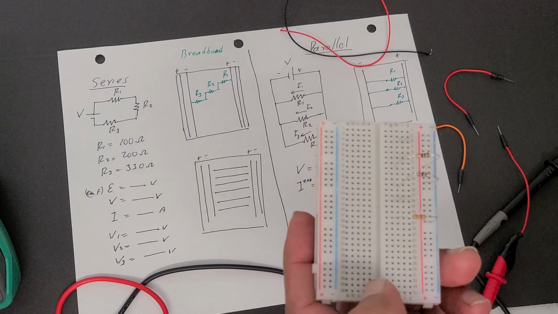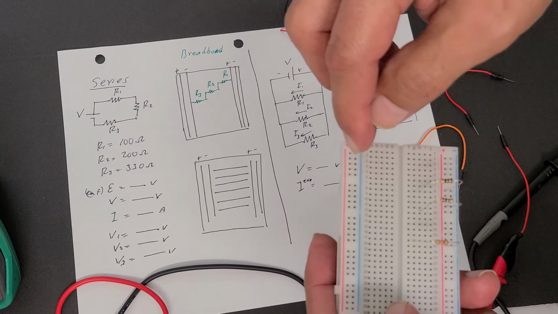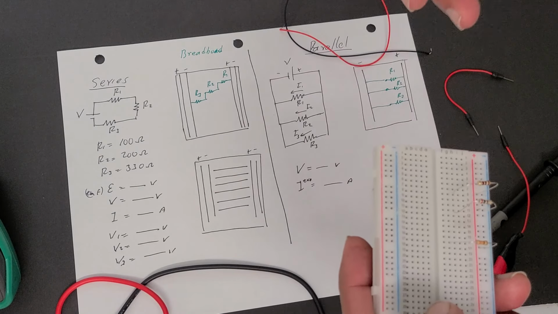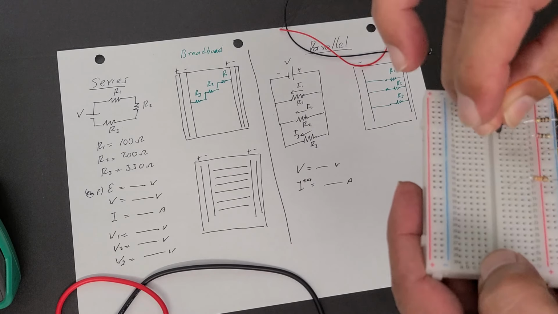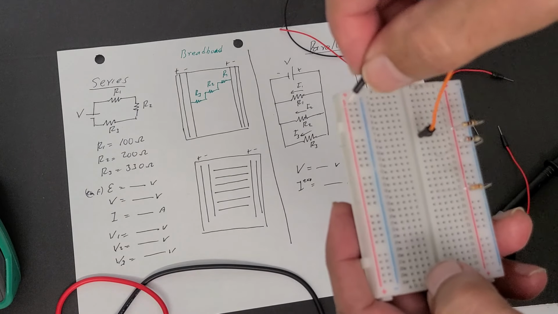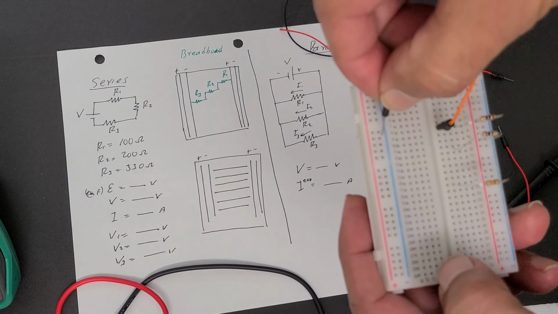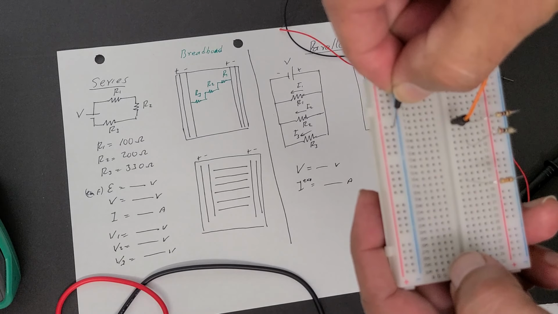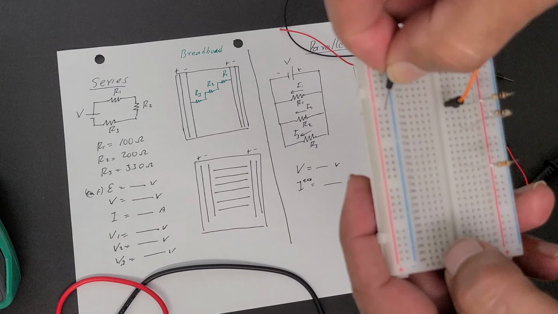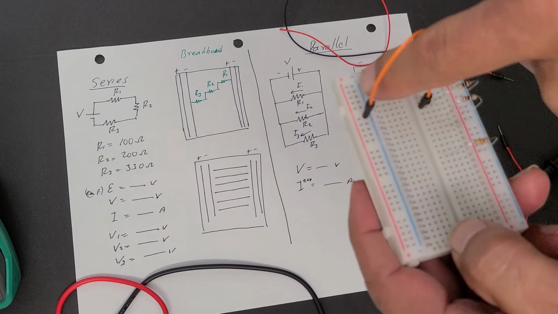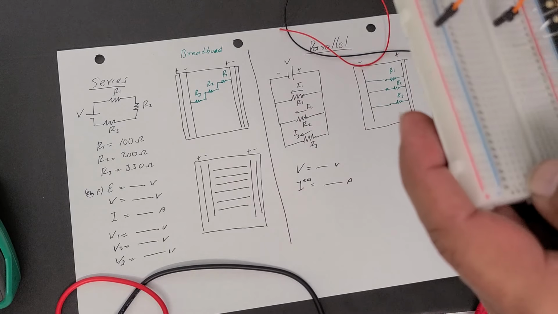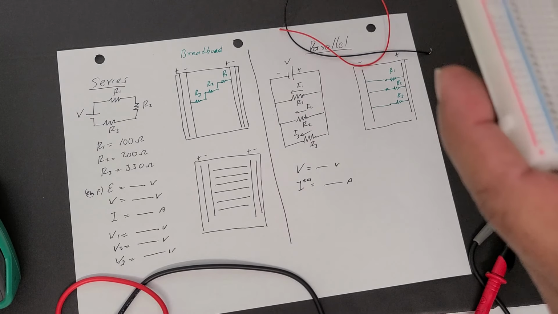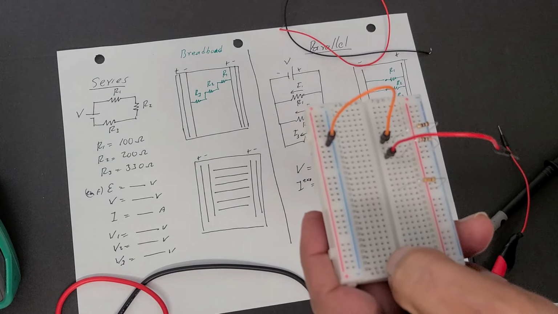Okay, in parallel. Now let's go from this terminal to the other terminal of the battery. So let's use a jumper right here, with the same line, hopefully the same. It doesn't matter right here because all of these are connected to the terminal. Okay, the next one must be in the same row. It is the same row right here, correct?